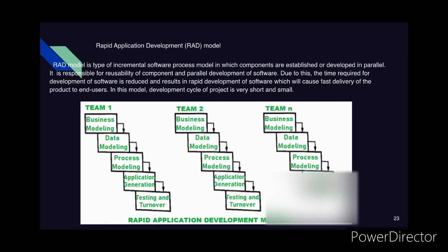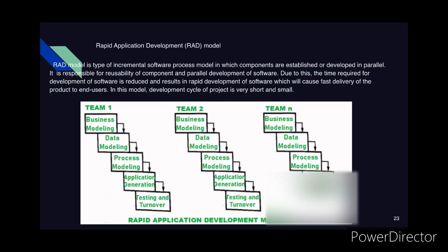As you can see in the diagram, many teams go through the development process using the phases. Team 1 is working on module 1, going through the phases of RAD. Team 2 is similarly going through the phases. Team N is similarly going through the phases of RAD.